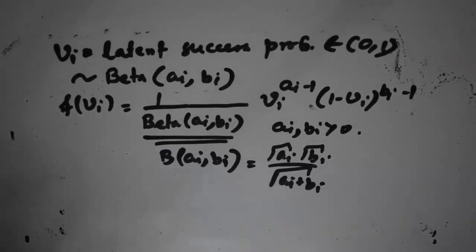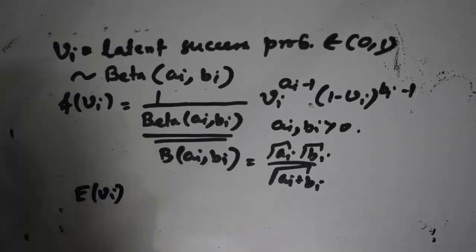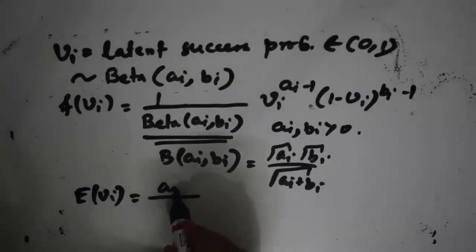Now expectation of Vi is equal to ai by ai plus bi.